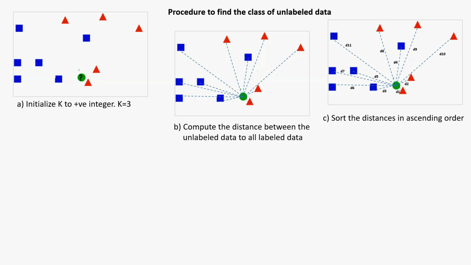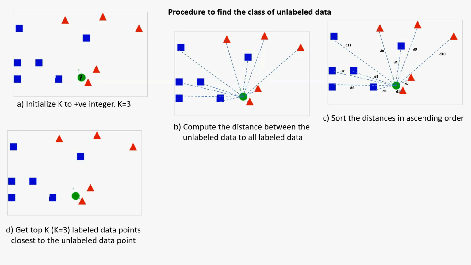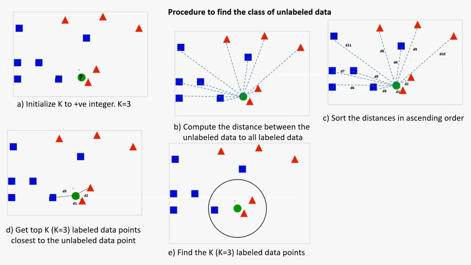Once it is sorted, we go to the next step. We have to select the first 3 labeled data points which are closest to the unlabeled data point. After doing that, the next step is finding those labeled data points. These three labeled data points are the nearest neighbors to the unlabeled data point.